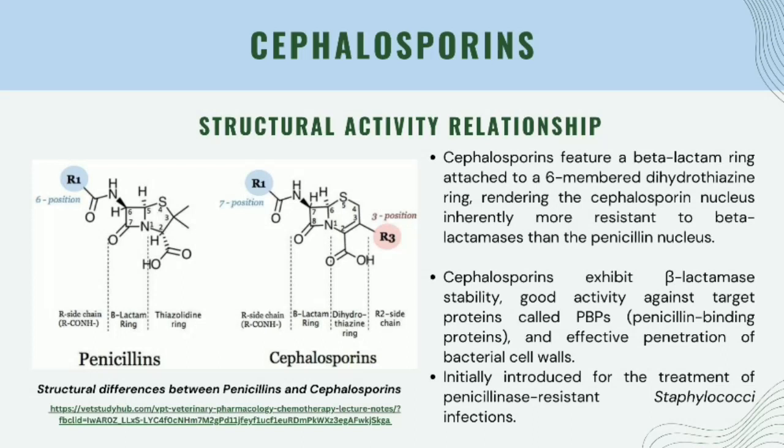Additionally, the 7-aminocephalosporanic acid molecule offers more sites for modification, enabling the production of various semisynthetic drugs. Cephalosporins exhibit stability against beta-lactamases, good activity against target proteins, and the ability to effectively penetrate bacterial cell walls. Introduced for treating penicillinase-resistant staphylococci infections, cephalosporins remain a vital class of antibiotics with diverse therapeutic applications.